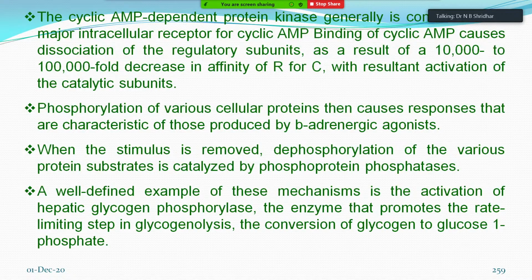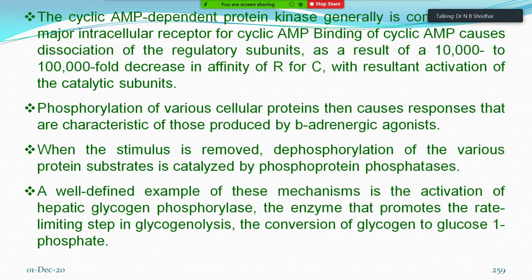This is about the binding of adrenaline or norepinephrine and the subsequent events taking place, especially a change in the configuration of the receptor, and the activation of hepatic glycogen phosphorylase.